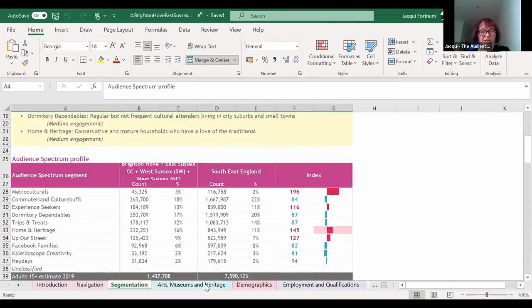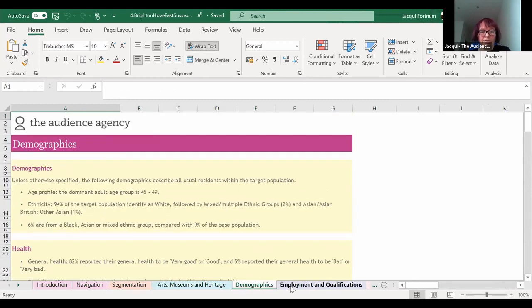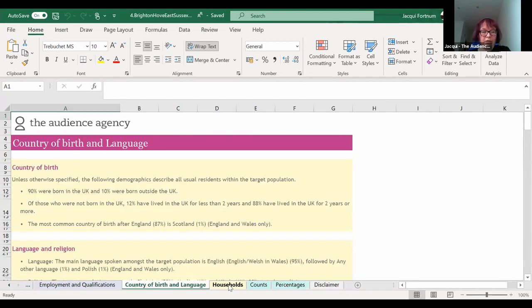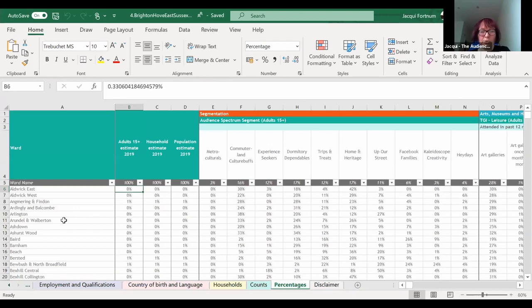So it goes through the segmentation, the TGI data, demographics, employment and qualifications, country of birth and language, the household data, and then those counts and percentages again. So again, looking at where those significant differences might be in your local audiences compared to the catchment as a whole. So that's the two reports.